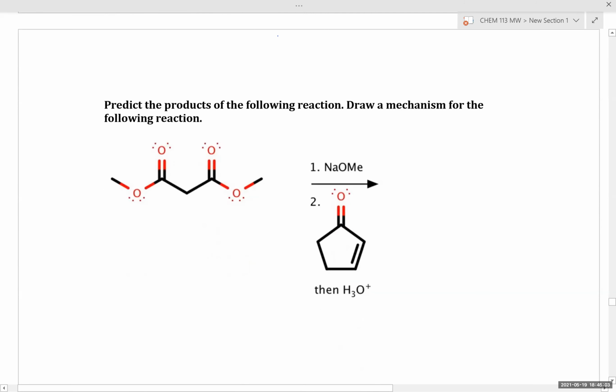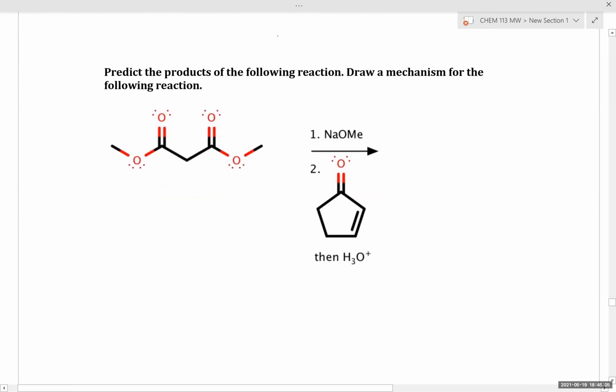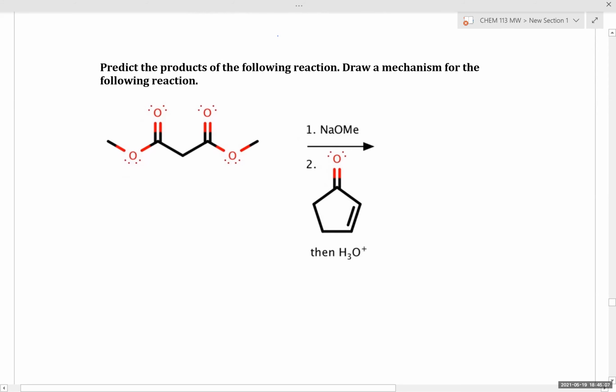So let's try to apply what we've learned now and make sure we're comfortable with the mechanism for conjugate addition of enolates. Let's try to predict the product from the following reaction and then draw a mechanism for this reaction. In this case, we have a malonic ester and we're treating it with sodium methoxide followed by cyclopentanone.